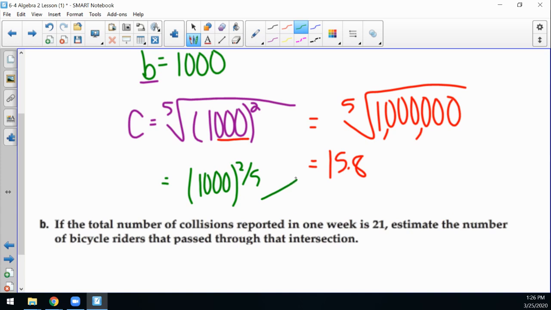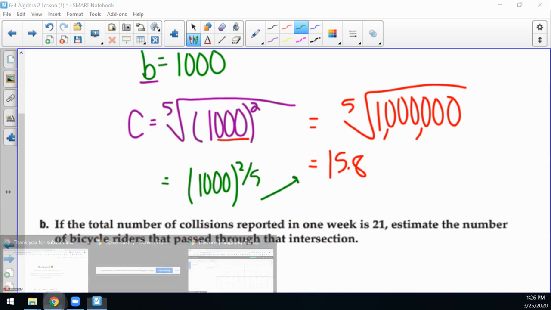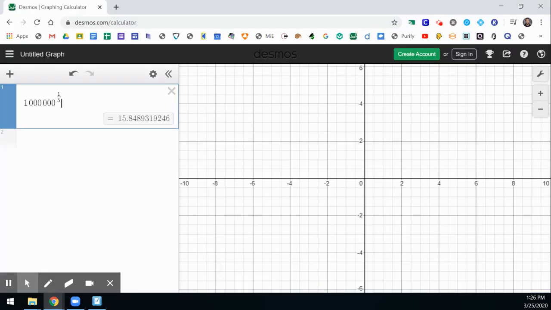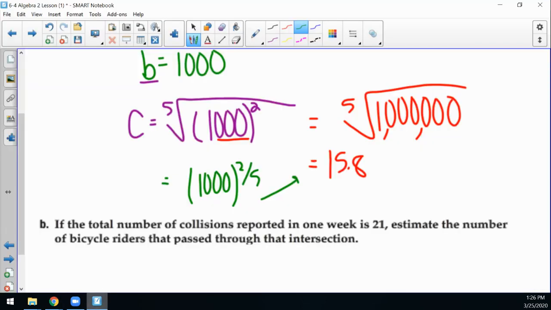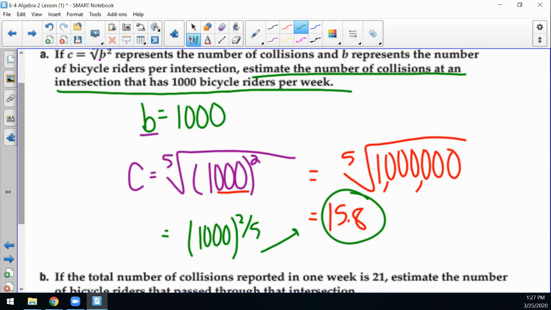If I put this in my calculator, in fact, we will just for checking it out, we can say 1,000 to the 2/5 power. Notice it's the same thing, 15.84, blah, blah, blah. It doesn't really matter which way I do it. Both are going to give you the right answer, and that's your own personal preference. You get to choose, okay? So if it asks how many collisions are going to happen at this intersection, approximately 15 to 16 collisions will happen if there's 1,000 bike riders in a week.